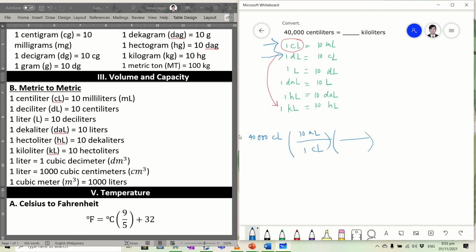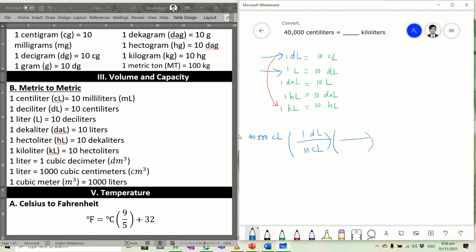Oh, so we will not be needing this anymore. Sorry, by the way, this is not needed anymore. So we can immediately jump here from CL to DL, deciliter. So 10 CL, 1 DL. And then we proceed to the next one.